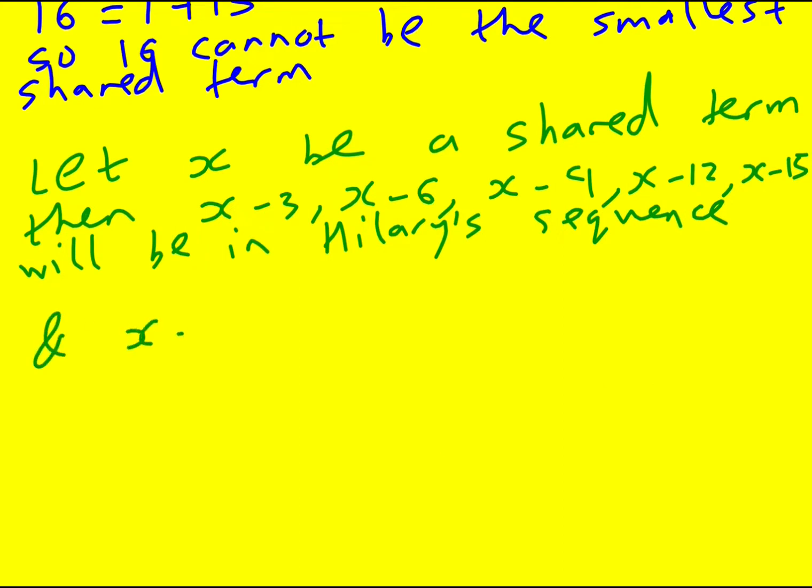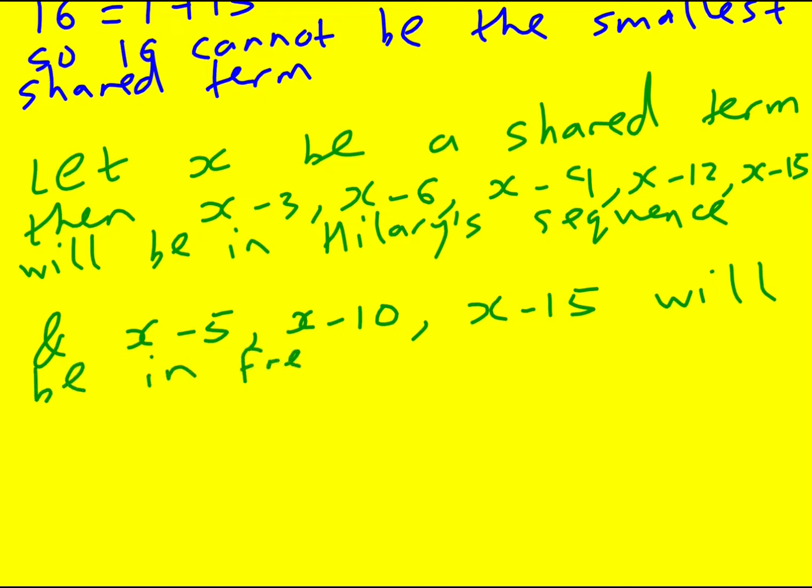And x minus 5, x minus 10, x minus 15 will be in Frere's sequence if x is greater than 15.